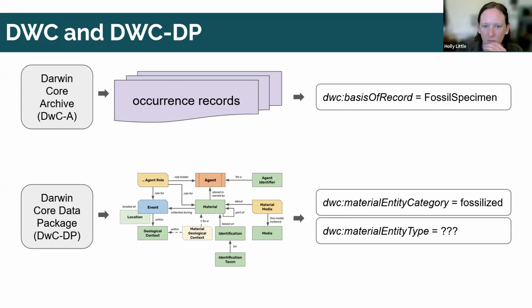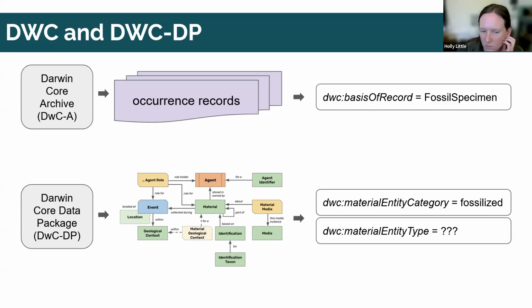And then some of the changes in the structure of the Darwin Core Data Package and conceptual model, and how that can help us better describe what fossils are being represented in the records that we publish from paleo collections.